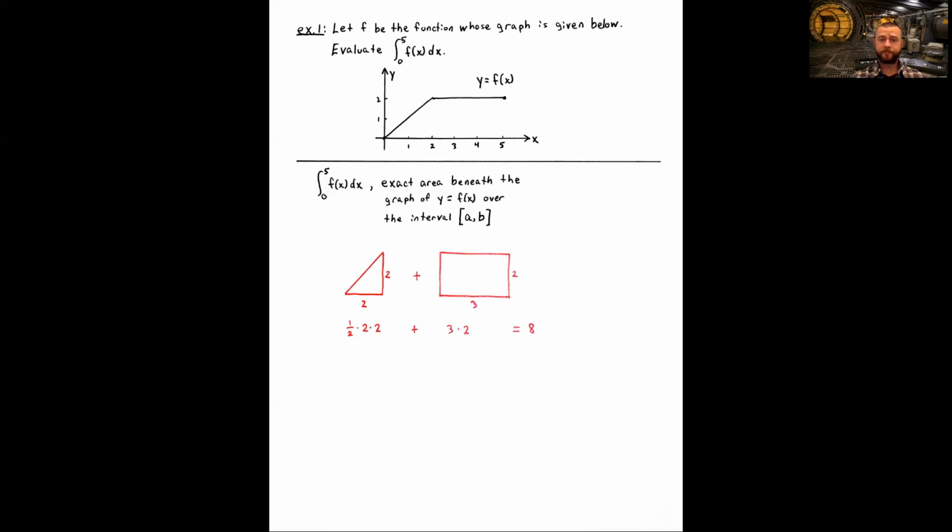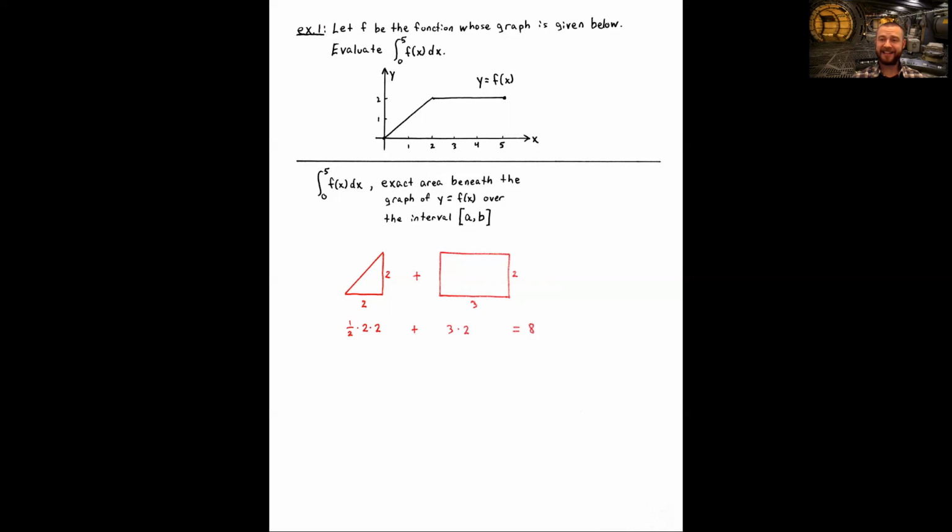And if we split that up, from the interval 0 to 2, we have a triangle. The base length is 2, the height is 2. We can get the area beneath that diagonal line as the area of a triangle, 1/2 base times the height. Now the remaining area beneath that curve is the rectangular region over the interval 2 to 5. 2 to 5, that's 3 units, 5 minus 2.